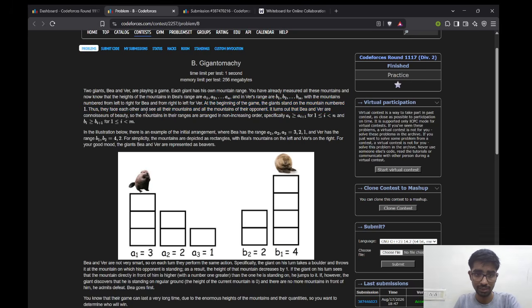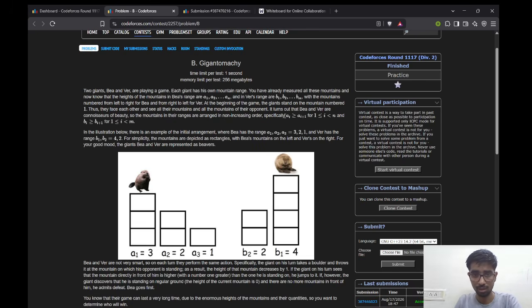They face each other and see all the mountains of their opponents. It turns out that they are connoisseurs of beauty, so the mountains in their ranges are arranged in non-increasing order.